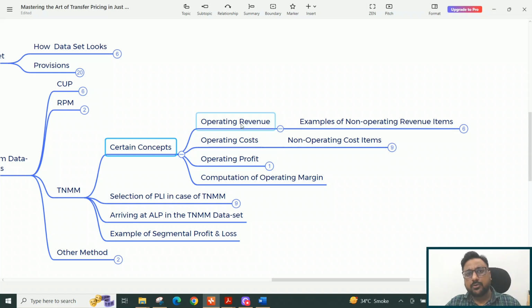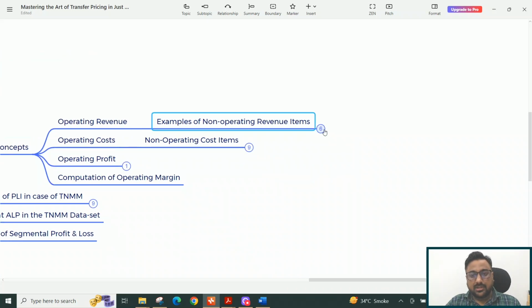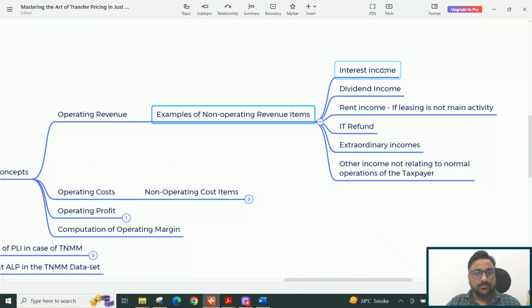Now operating revenue is basically total revenue, out of which we reduce certain non-operating revenue items, which could be interest income, dividend income, and rent income, if leasing is not the main activity of the comparable entity. Then IT refund, other extraordinary incomes which may not be directly related to the activities of that comparable entity, and other incomes not relating to the normal operations of the taxpayer.